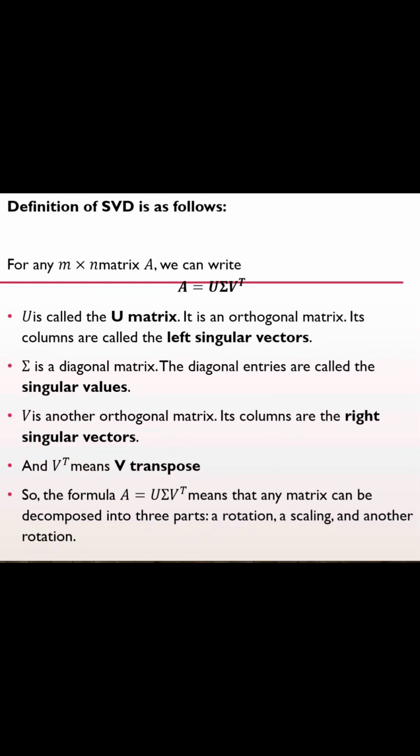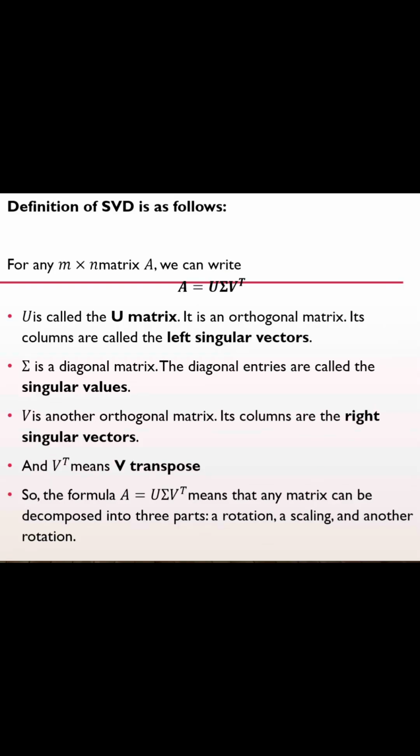So for any m by n matrix A, we can write A equals U sigma V transpose. In this formula, U is the orthogonal matrix, and its columns are called left singular vectors, and sigma is a diagonal matrix, and the diagonal entries are called the singular values.